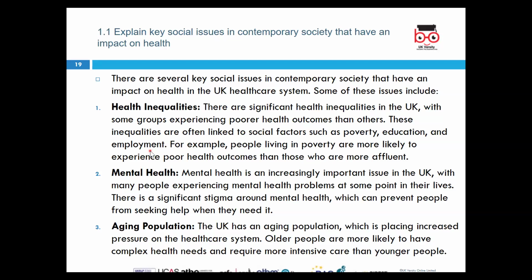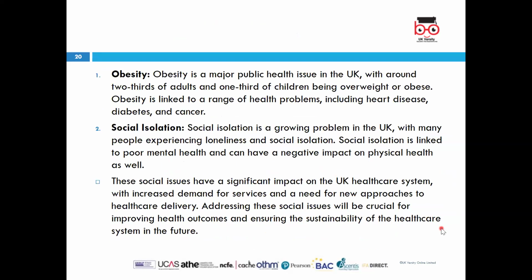Mental health is increasingly important and an issue of great importance in the UK, with many people suffering mental health problems at some point in their lives. There is a significant stigma around mental health, and this can prevent people from seeking help when they need it the most. Aging population, we've talked about this. The older population is likely to have more complex health needs, and they require more care from the NHS compared to younger people.